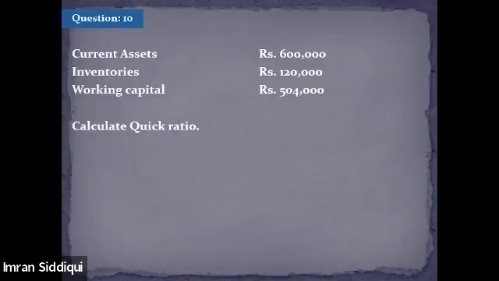Question number 10. Current asset, inventories, working capital is there. You need to find out the value of the quick ratio. Please solve it and let me know the ratio you got.